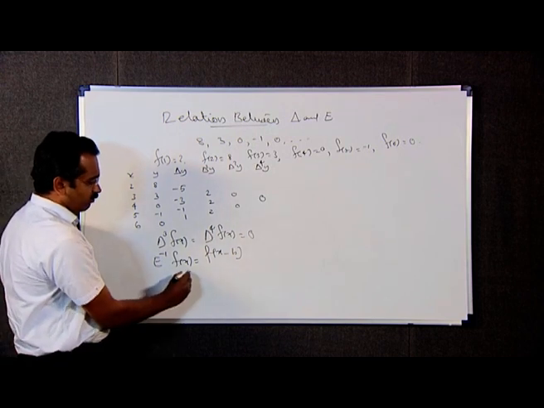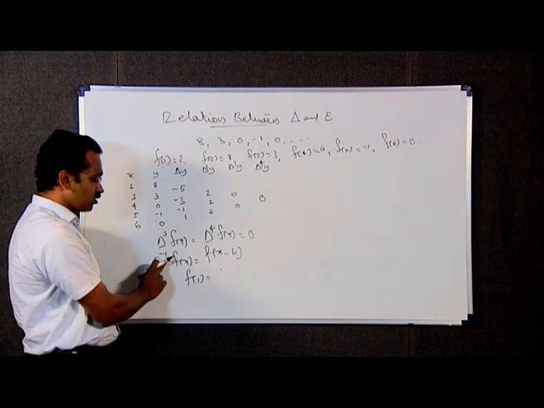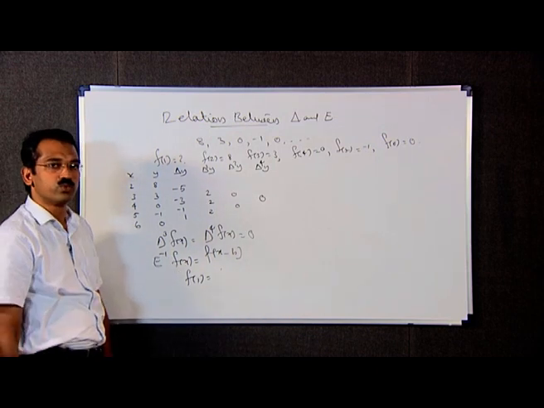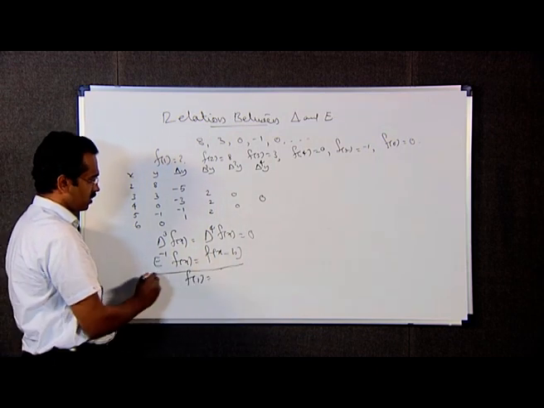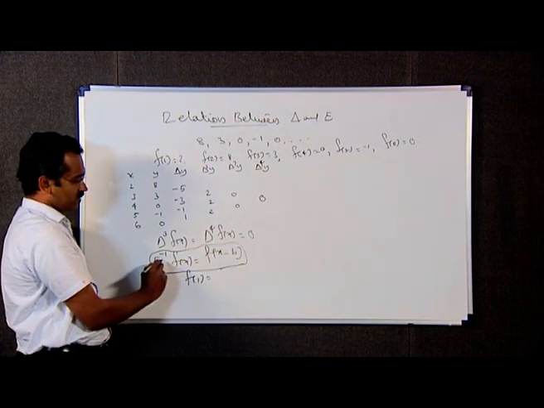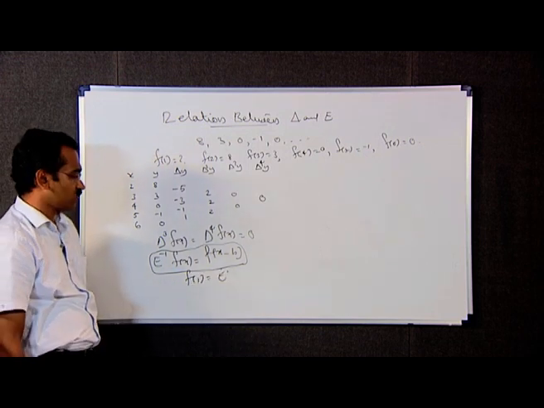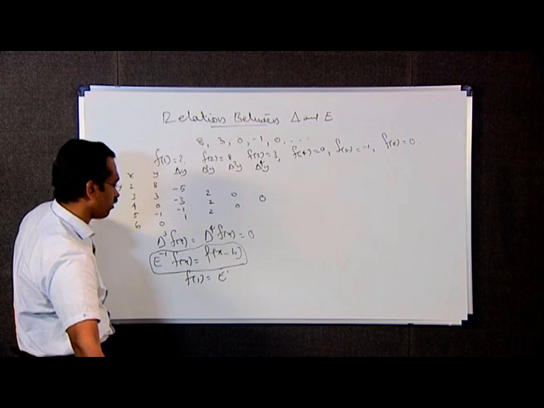That is, f of 1 is equal to E raised to minus 1 f of 2. By using this definition, f of 1 can be written as E raised to minus 1 f of 2.